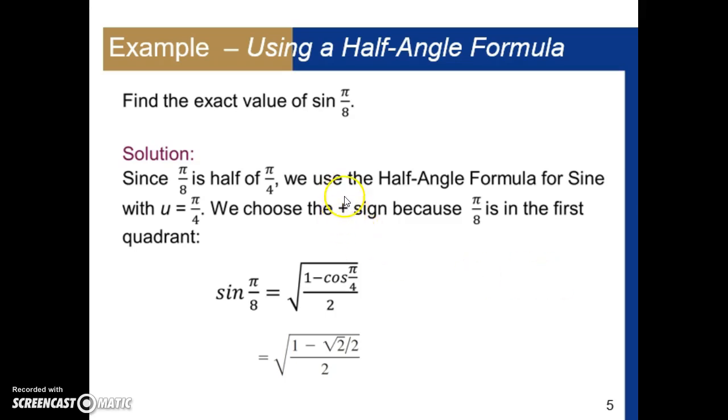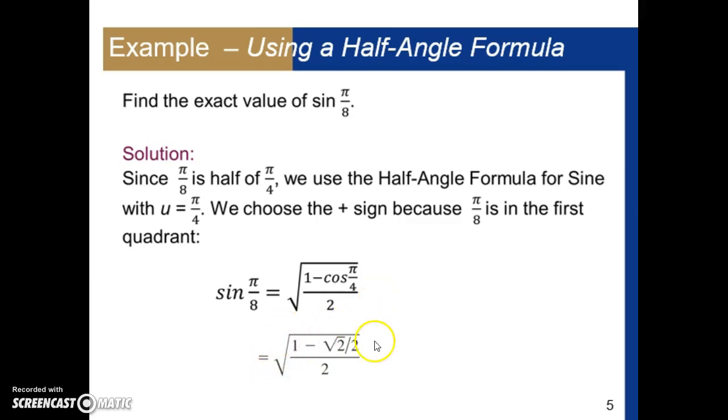We're going to choose the plus sign because we're in quadrant 1. So looking back at the formula, the sine of u over 2 equals the square root, for us the positive square root because we're in quadrant 1, of 1 minus the cosine of u over 2. So all I've done is recognize that u in this situation is pi over 4, and I have replaced u with pi over 4.